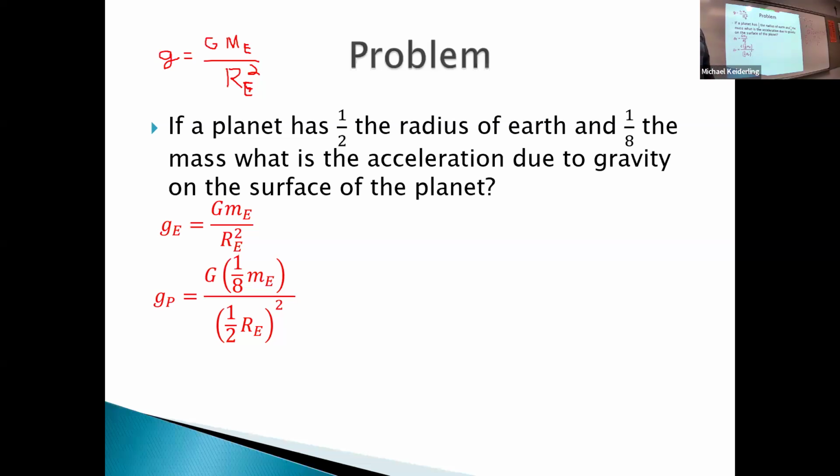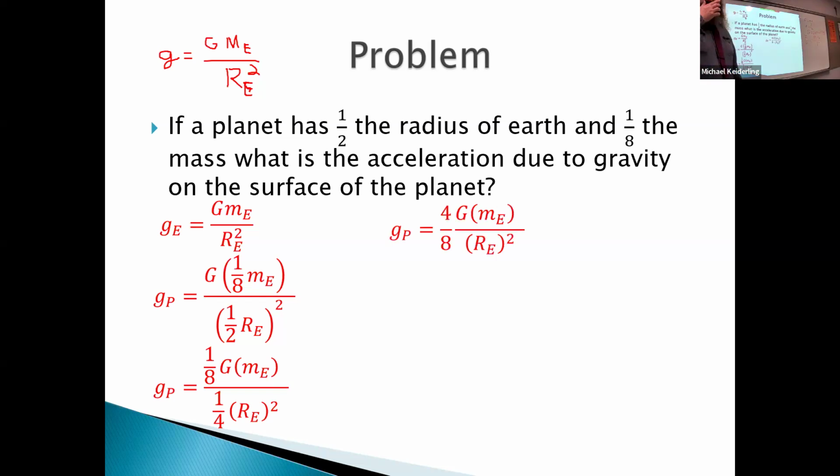g on this planet is going to be big G times 1/8 the mass of Earth over 1/2 the radius of Earth squared. If you get all the numbers out, that's 1/8 over 1/4, which is 4/8, which is a half.